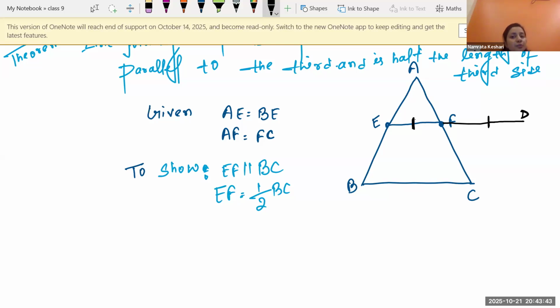That's how we are going to do the construction. Listen to me carefully. EF was already there in the triangle. We are just extending it to the point D such that EF and FD are the same in length. That's what we have to do as a construction. And then we will be joining this D with C. Making sense? Yes, ma'am. So let's write the construction.